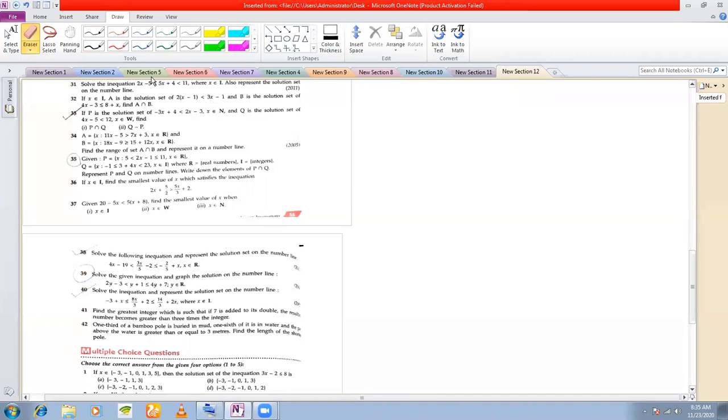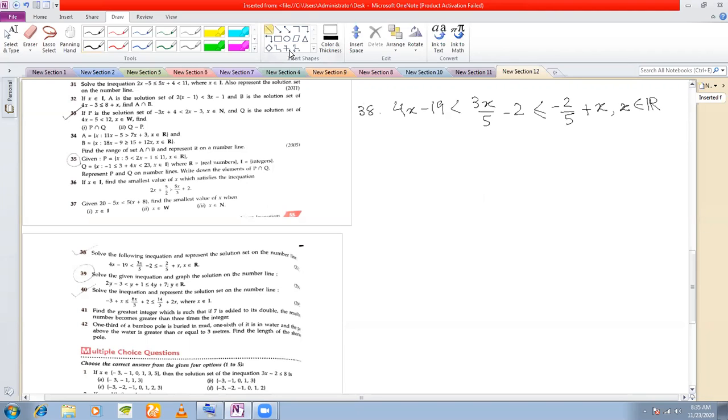Let us see, 38. 38 is a better one. So you have 4x minus 19 less than 3x by 5 minus 2 less than or equal to minus 2 by 5 plus x. I think I have solved this in my notes, but still, let's see. It's a better example.